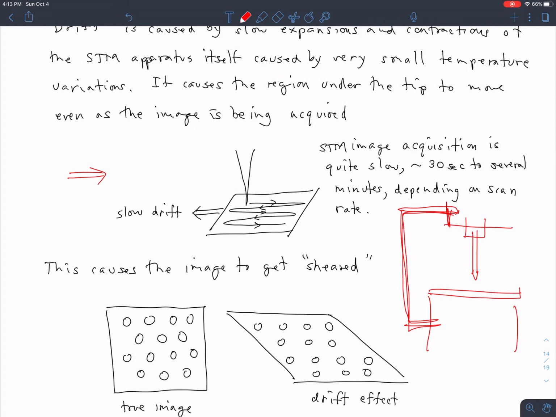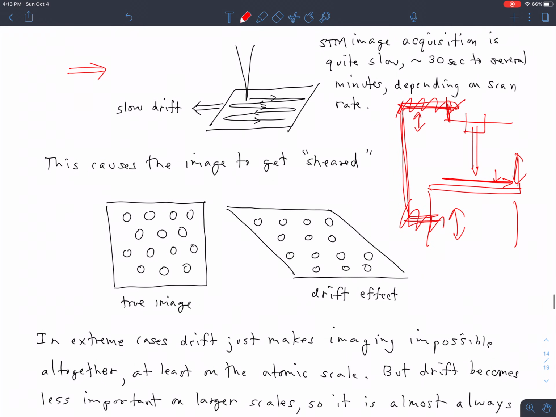But that means that if there are small thermal differences between here and here, these materials are all expanding and contracting slowly as temperature changes. And that means this sample is moving a little bit from thermal expansion and contraction, and the distance between the tip and the sample is also drifting a little bit, and that's thermal drift.